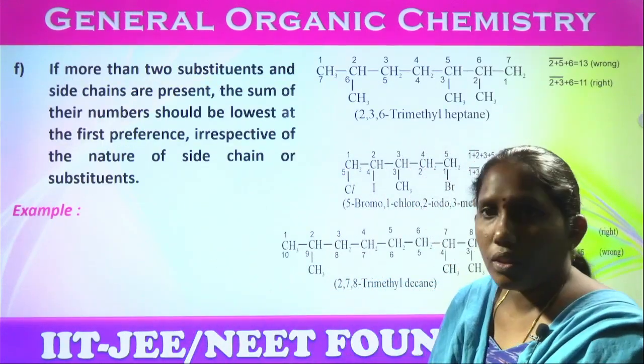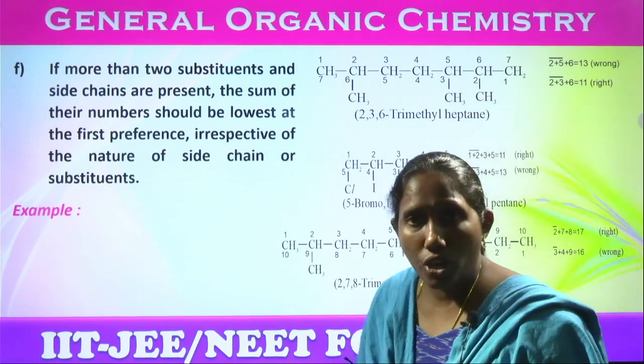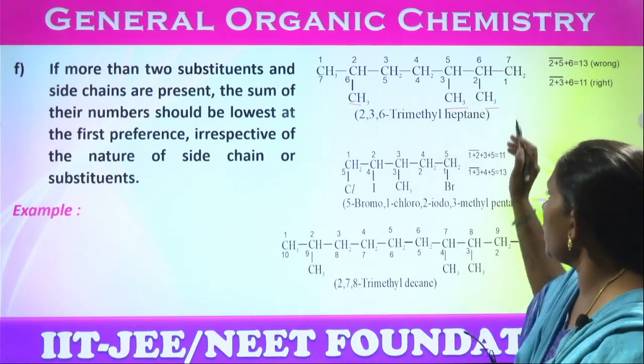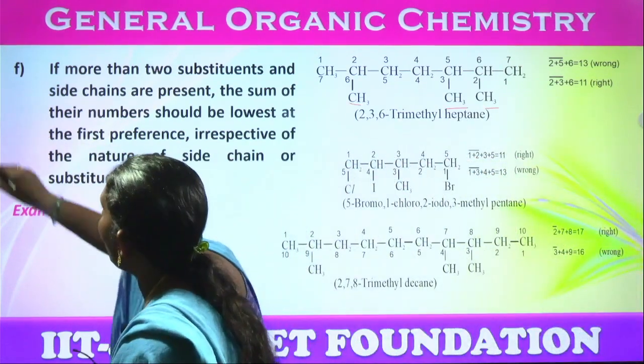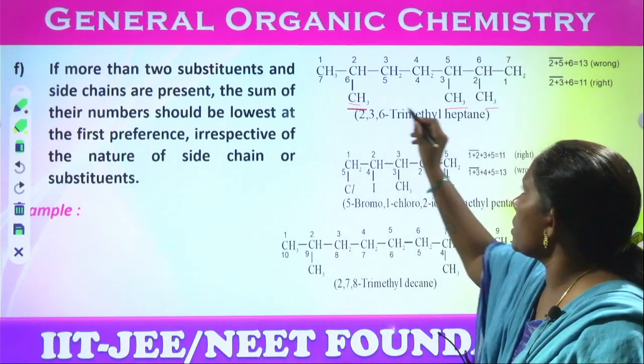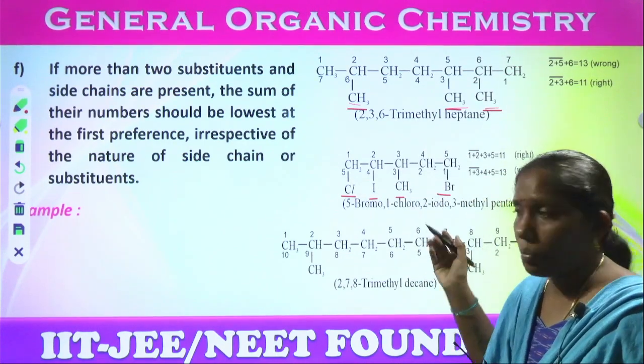Now, if more than 2 substituents are present as side chains, see here 1, 2, 3. In the given example, in total we have 3 substituents. In this example, 1, 2, 3, 4, 4 substituents are present.